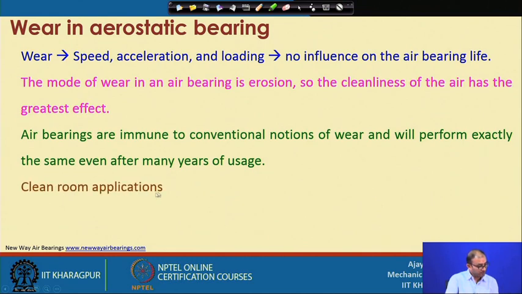Clean room application is important here, because if you consider a full contact bearing, there is heat generation, and heat will again create a problem in a clean room. So let me tell you what a clean room is.